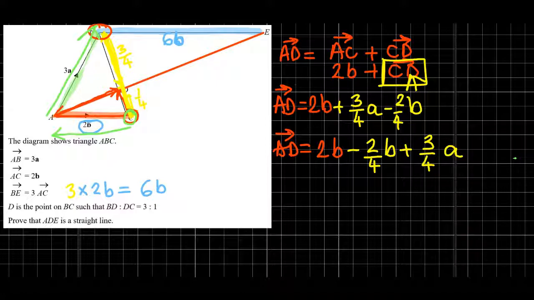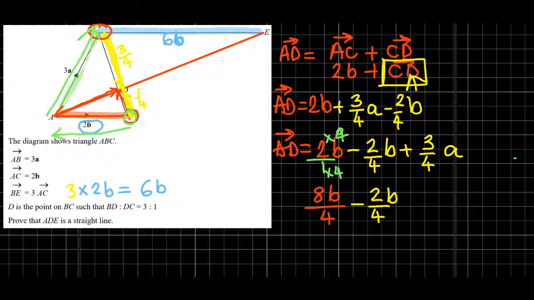Now the 2 as a fraction, times that by 4, we would have 8b over 4 minus 2b over 4 plus 3/4 a. 8 minus 2 would give us 6.